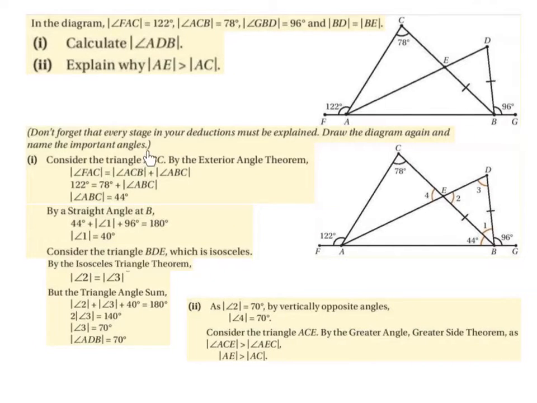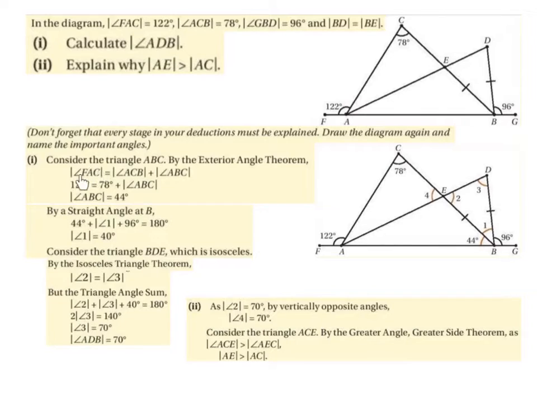So we're going to consider the triangle ABC. By the exterior angle theorem, angle FAC, which is 122 degrees, is equal to angle ACB, which is 78 degrees, plus angle ABC.